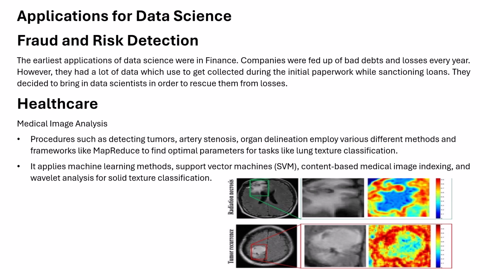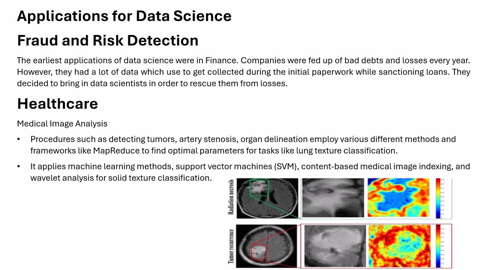Applications of data science: fraud and risk detection, healthcare. Fraud and risk detection is an application of data science where finance companies predict the bad debts and losses every year, so they are using data science.